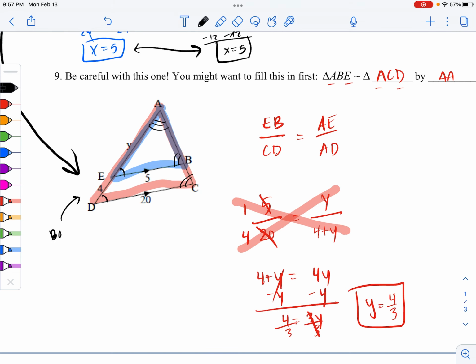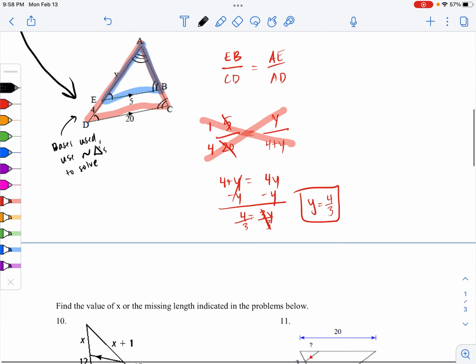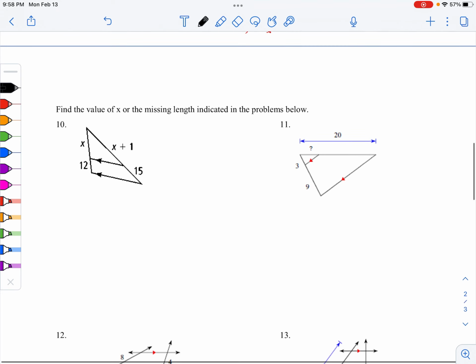So when the bases are used, you want to use similar triangles to solve. Okay? So that is the big difference.